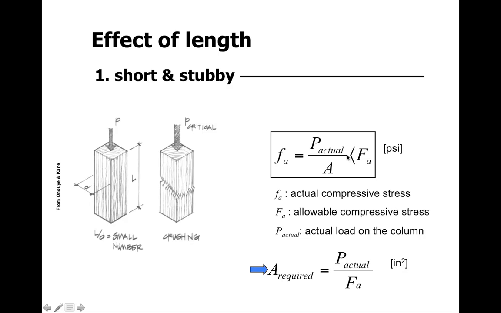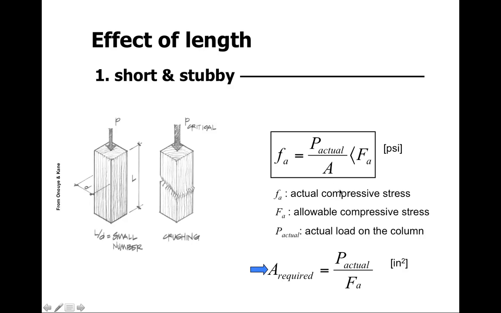And that has to be less than capital F sub A, or the allowable compressive stress. Well, P over A is our formula for stress, what we're familiar with, as in pounds per square inch or something of that sort.